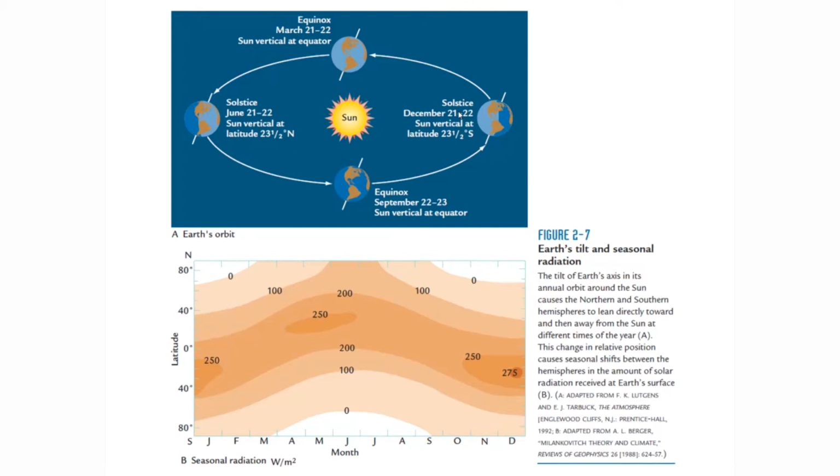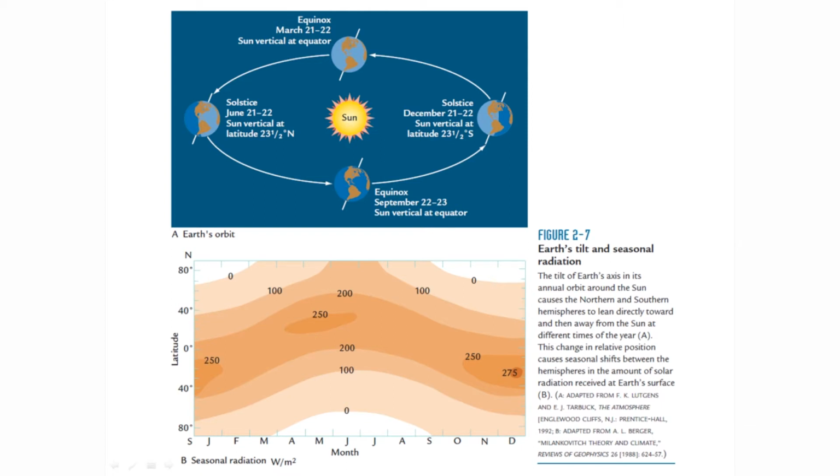So if you again look at the longitudinally averaged distribution of solar radiation with seasons. So now we are showing a meridional section going from the equator to the poles, but we are also showing it by the seasons. Okay? So this is showing that if you look at the southern hemisphere, during our northern hemisphere summer, they will have a winter, and during our hemisphere winter, they will have a summer.